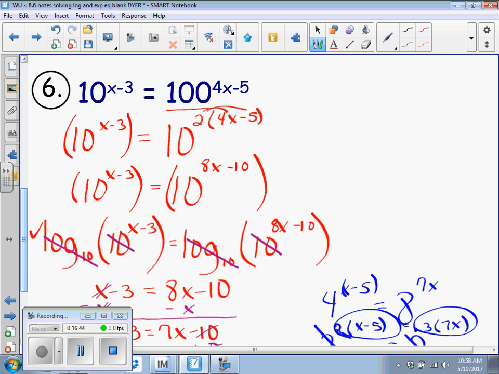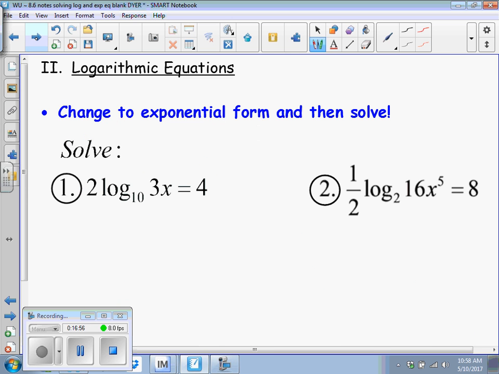There were things that x couldn't be, because we had that vertical asymptote. So there were places that x could not go. That's the reason why, right now we're going to solve logarithmic equations, but when we get our value for x, we have to go back and make sure that it's something that x is allowed to be.